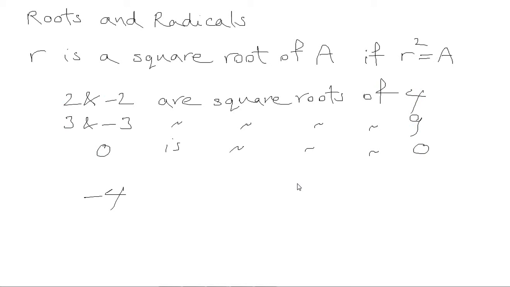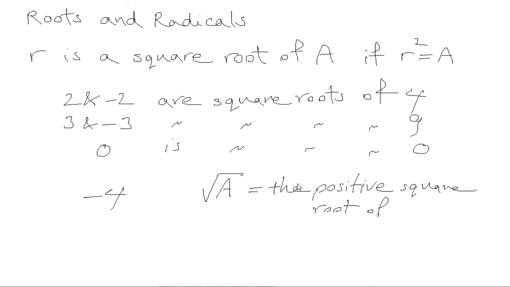So assume that a is a positive number. This notation, which we read as radical a, is the notation we use to represent the positive square root of a. So this is the positive square root of a.